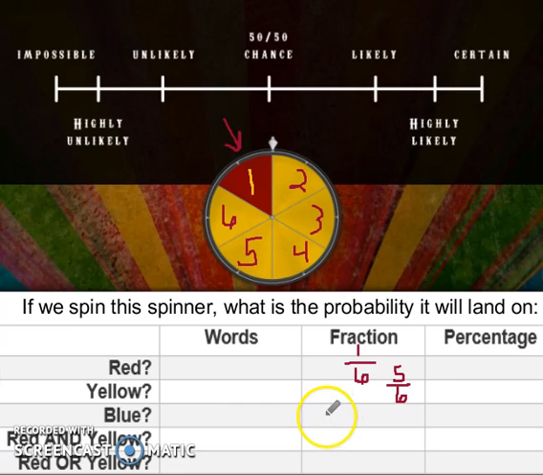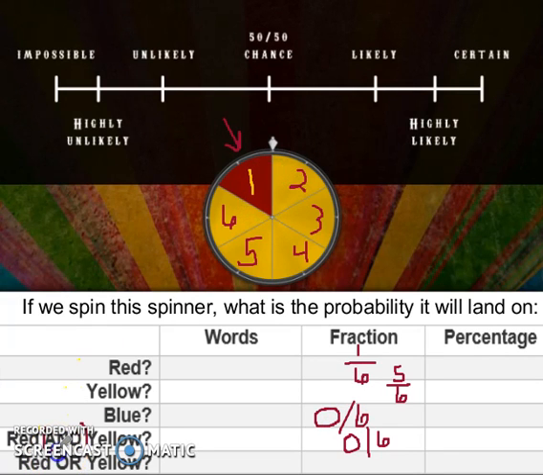Well, there are no blue pie wedges on here, so there is a 0 chance out of 6. How about red and yellow? If I spin this spinner once, can I get a red and a yellow? Nope, impossible. 0 out of 6. I can't get 2 different colors on one spin.